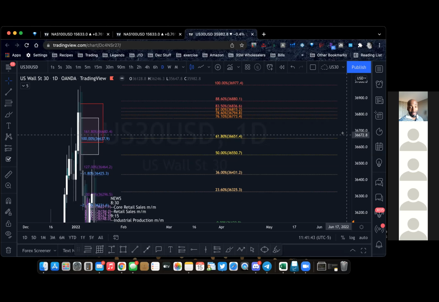So if you enter in the golden zone and the market is still retracing, and it hits 88%, then you might get into danger with your prop account because you might exceed that 2.5% drawdown limit that you are allowed.